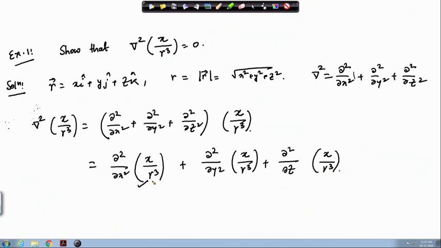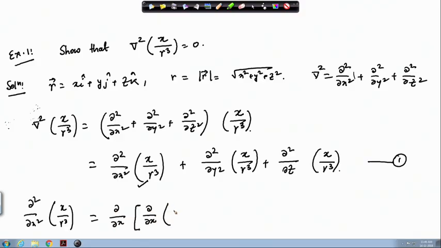Let us first calculate this one, and we can call it equation 1. So, del square by del x square of x by r cube is del by del x of del by del x of x by r cube. When we calculate del by del x of x by r cube, we treat it as a product of two functions: 1 by r cube times the derivative of x, which is 1, minus x times the derivative of 1 by r cube.